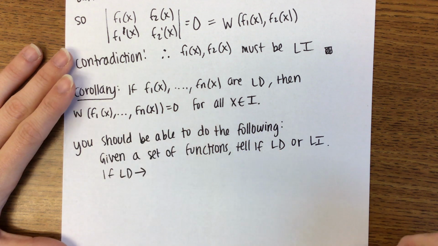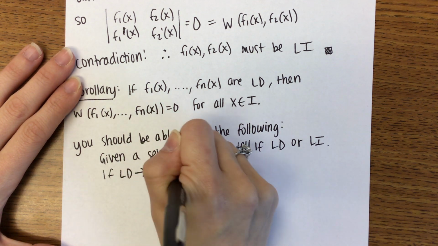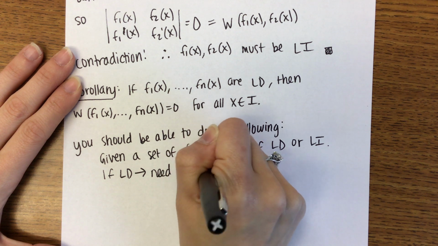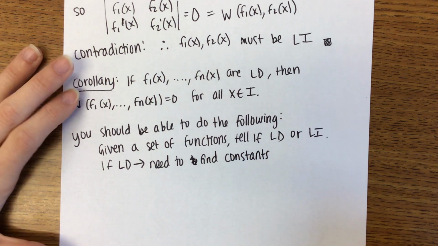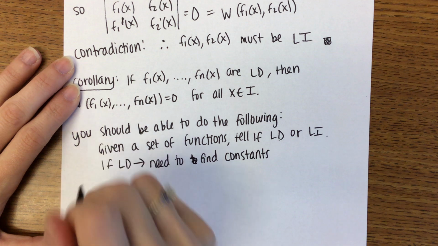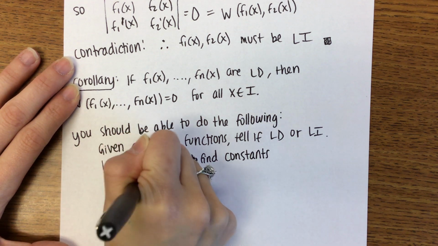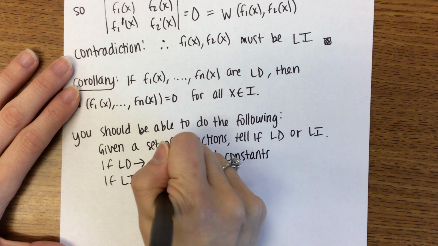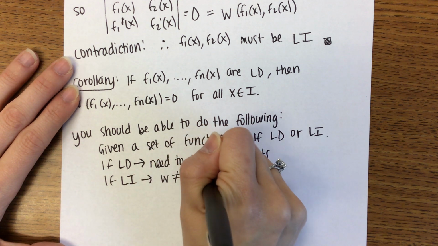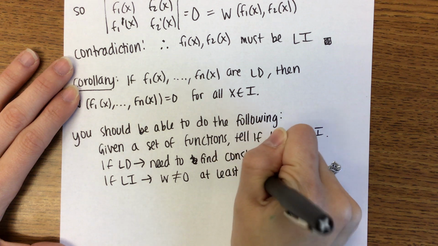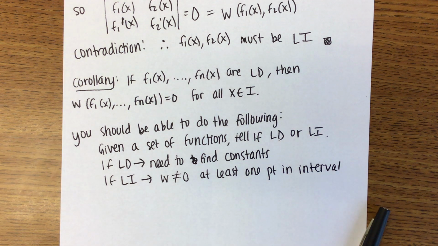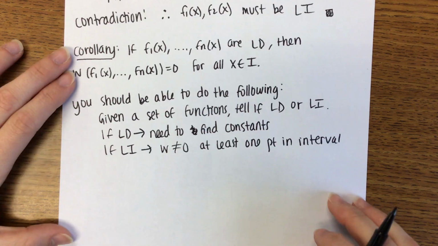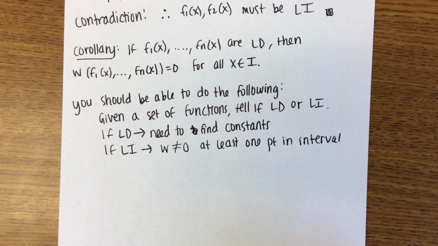If the functions are linearly dependent, you need to be able to find those constants, so the C1 and C2 and however many C's there are. If linearly independent, you need to show me that the Wronskian does not equal 0 for at least one point in the interval. Okay. Questions on the Wronskian before we actually do an example?